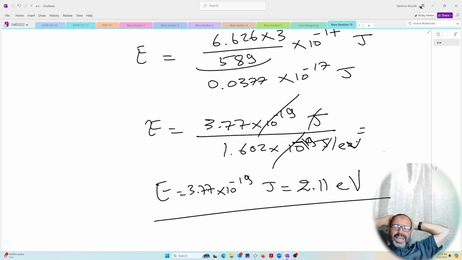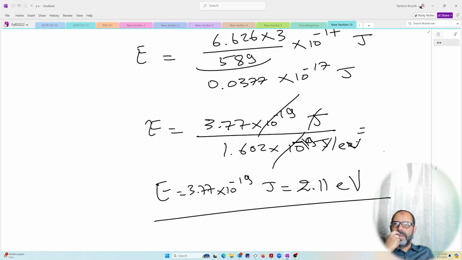You're not asked to go into electron volts. But it's worth remembering that for energies at this level, it's probably better to express them in electron volts, because a number like 2 is more communicative than 3.77 times 10 to the negative 19, which is too small.